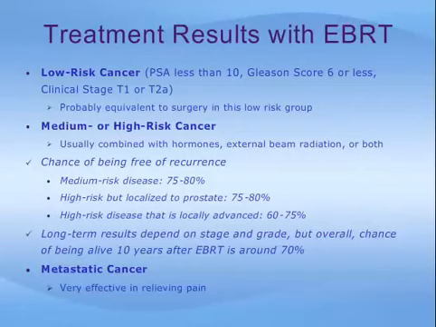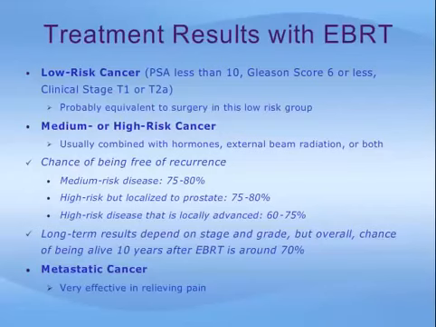For medium or high-risk cancer, EBRT usually must be combined with hormones to maximize cancer control. In men with medium-risk disease, lack of cancer recurrences has been reported in up to 75 to 80% of men using modern techniques.